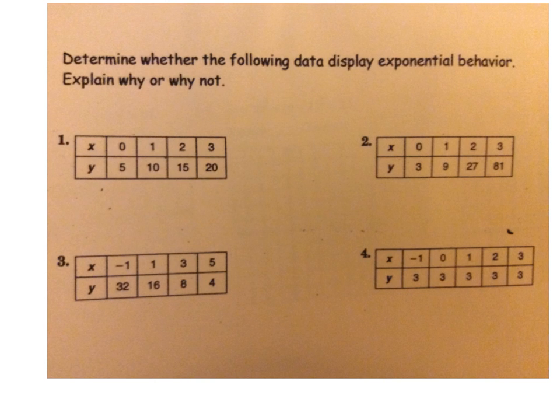So for 1 through 4, we have to determine whether the following data display exponential behavior. Remember, for x we just added or subtracted a 1, whichever way you looked at it. So this is +1 and this is +1. And down here, let's think about what we do. Well, here we're just adding 5.